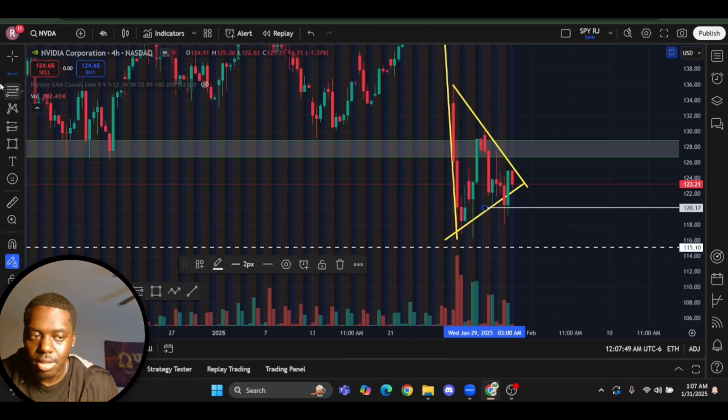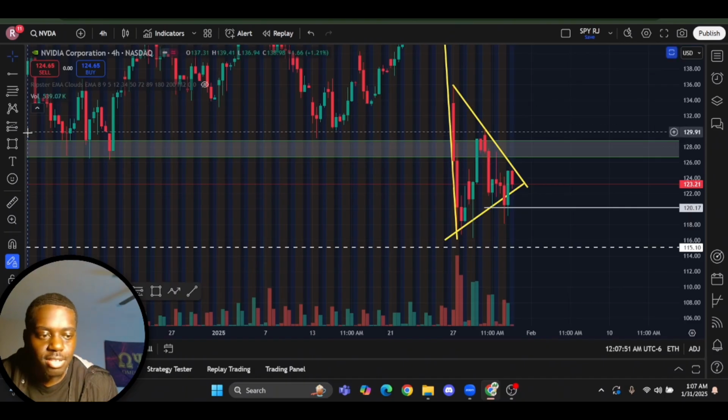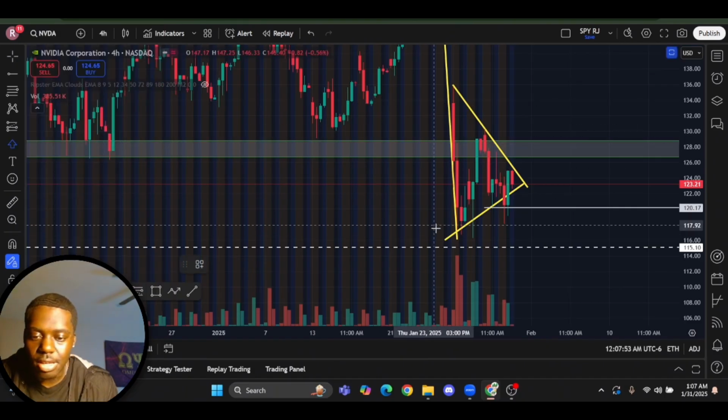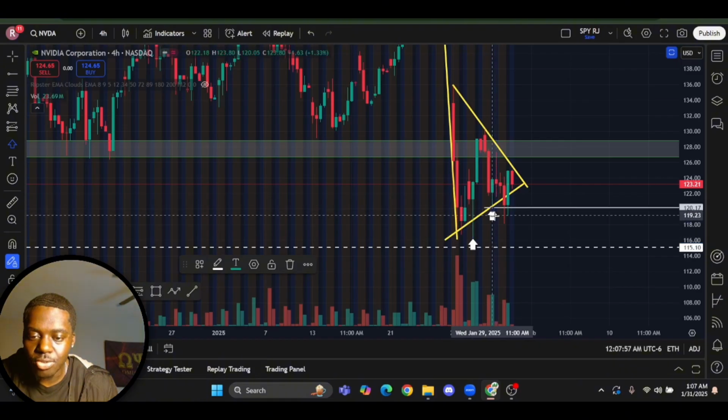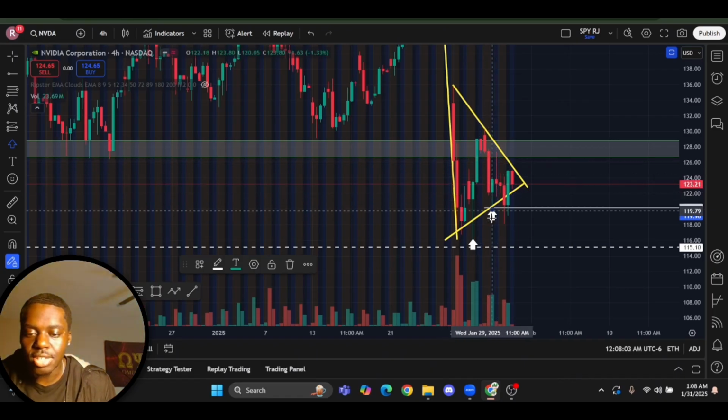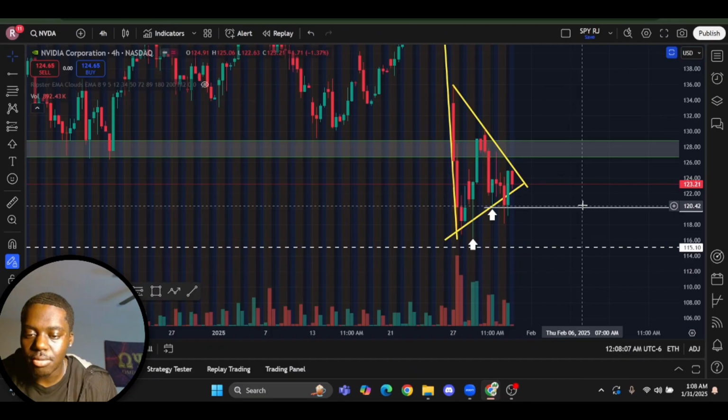All right. And why did we need it to break here? Because if you take a look right here, this is where the stock was trying to start trading upward and trying to make higher lows, right? But you see it could not. So I know right here was a place that we could get a move.